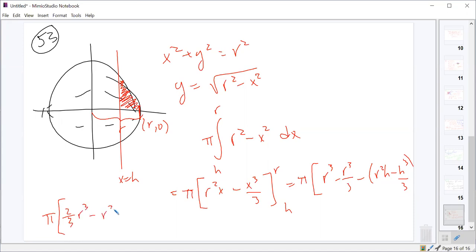And then minus r squared h, and then minus h cubed over 3. Is that one of the answer choices? No, it's not. So let's see if we distribute the pi through. There's one that's definitely not the one with the pi distributed through it. So we got to factor out the 1/3. So if we factor out the 1/3 from all of this, this will end up becoming pi over 3 times 2r cubed minus 3r squared h minus h cubed, which hopefully that's an answer choice.